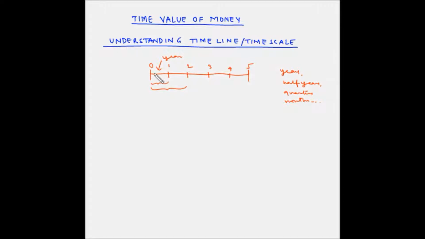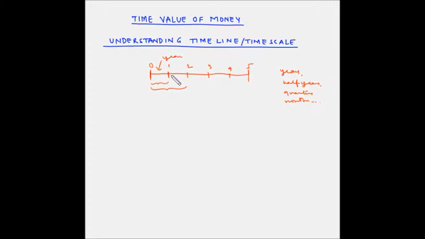then the interval from this thing, that is, let's say these are tick marks here. So the interval from the tick mark corresponding to 0 to the tick mark corresponding to 1, that is here, would be year 1.